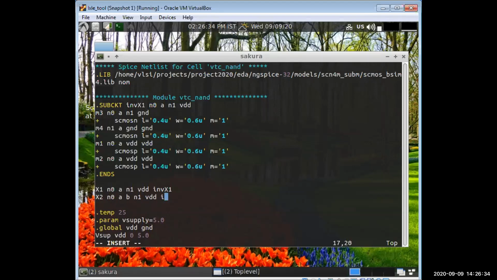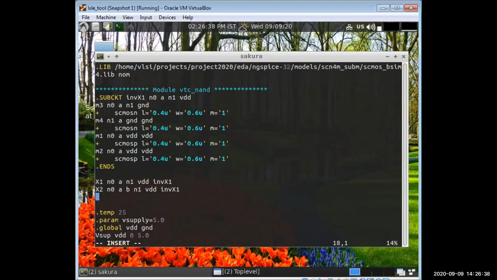We have to make some changes in the schematics also, but I am writing it earlier so that it will be easier after that. So N0, A, B, N1, VDD, and INV. Comment this too.